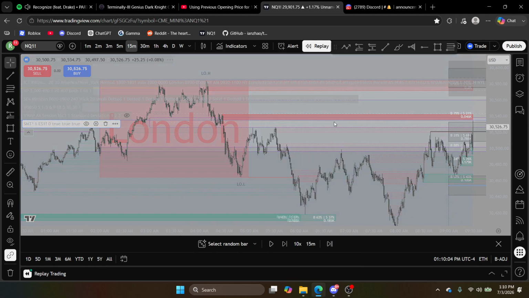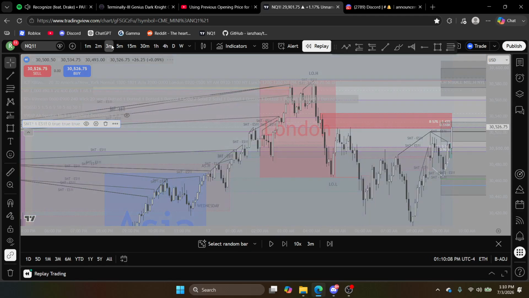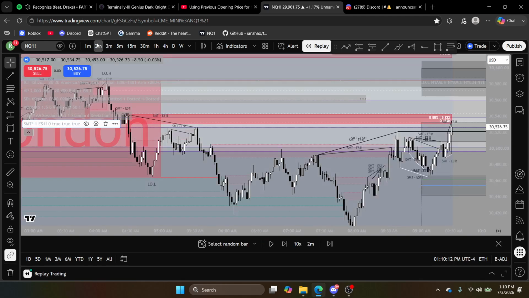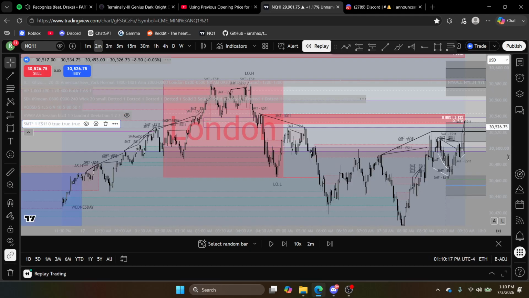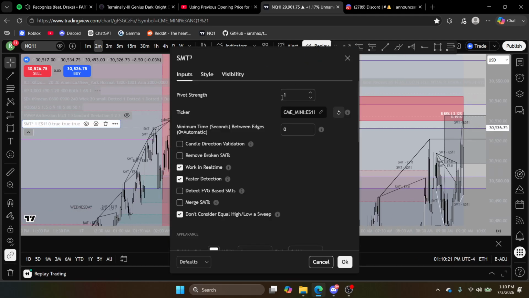Which is the lowest time frame I can see it on? 5 minute, 3 minute, 2 minute, but not the 1 minute. That's very odd. I see that we have a slight SMT here.